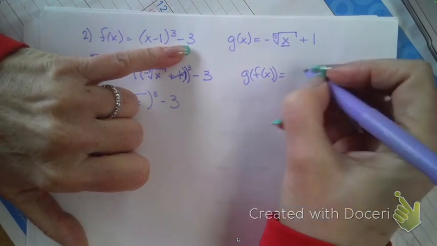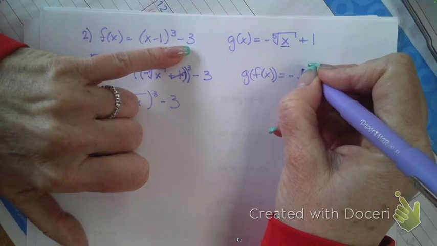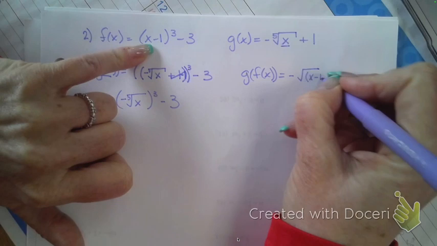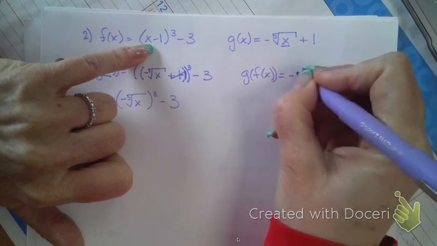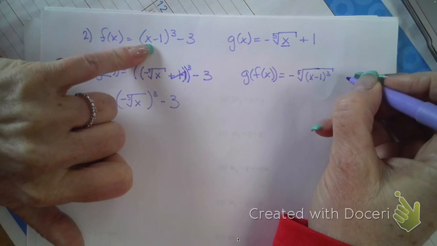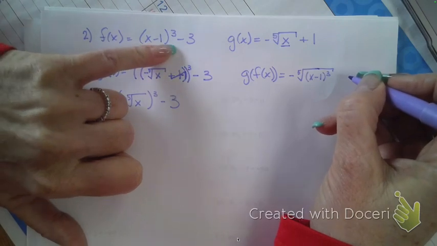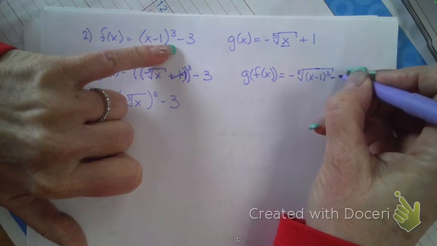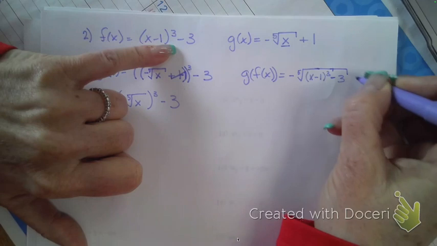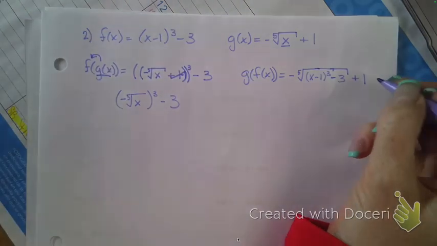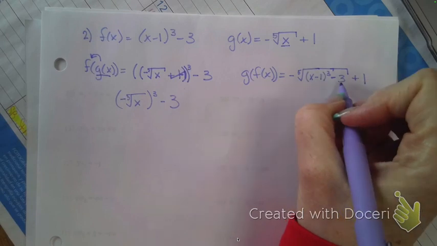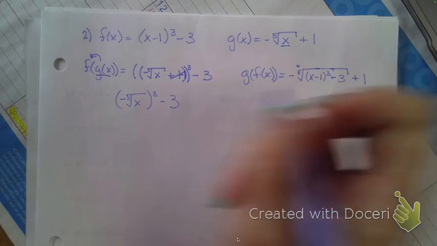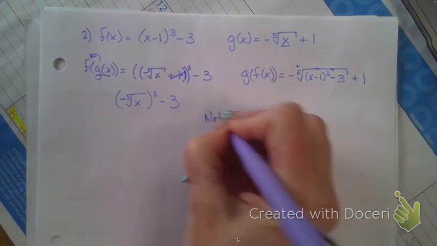So negative the fifth root of parenthesis x minus 1 cubed minus 3, plus 1. Is this going to reduce? No, because I need 5 of them. So this is not inverses.